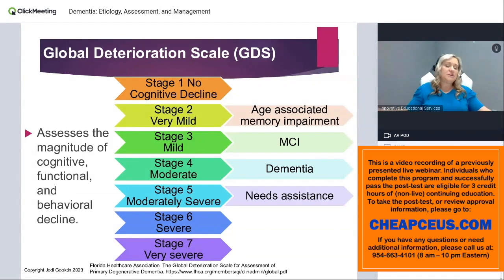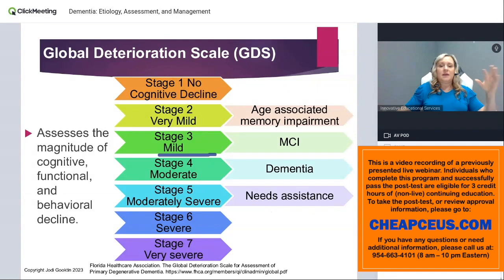Then another question is, looking at your clinical review, someone who has a concentration deficit that's elicited by serial subtractions. They can't control that. So that would be someone who has mild cognitive impairment moving towards dementia in that stage three. And then it correlates to the different types of dementia and memory and cognitive impairment that we've discussed.